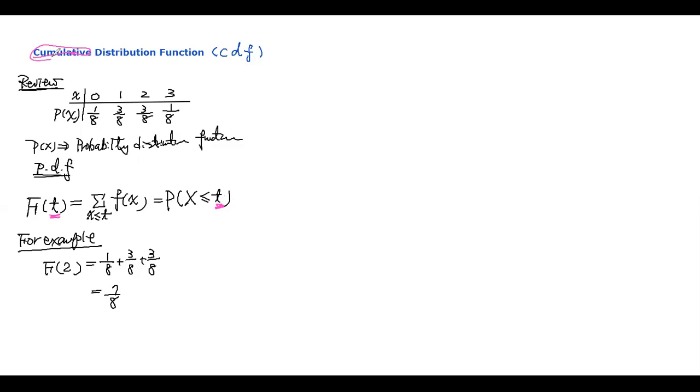Okay, now we have a few theorems that are kind of intuitively true. The first one is about the CDF at negative infinity. Remember the random variable is a function that maps every element in the sample space to a real number.